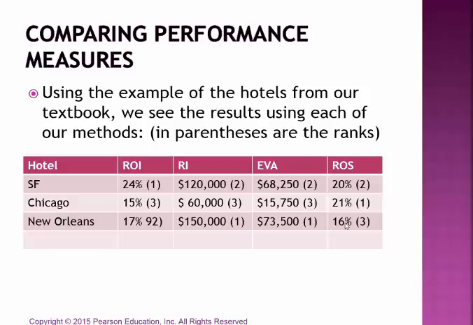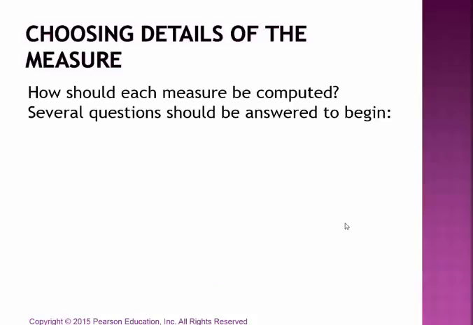Another thing that we have to consider is our time horizon when it comes to our performance measures. Actually, I think I'll skip that for just a second and we'll talk more about the details. I mentioned to you earlier that we've got to be very, very specific in regards to what items are being used in the calculations.